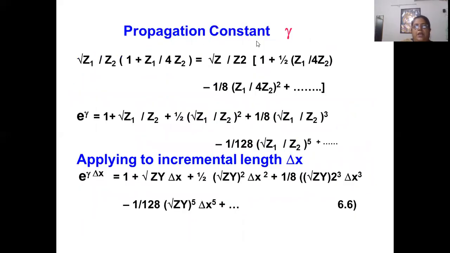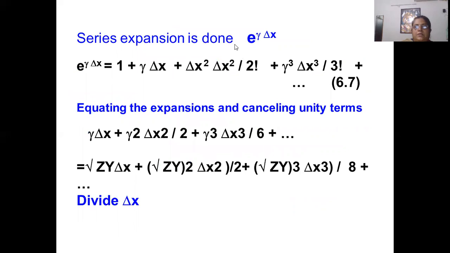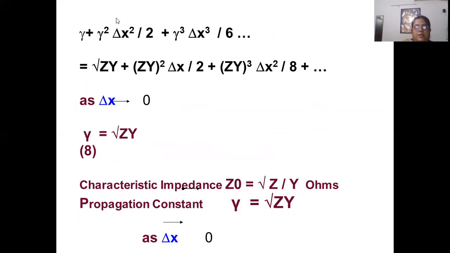Here we have calculated the gamma and applied it for the incremental length. Series expansion is done with the help of e to the power of gamma del x, equating the expansions and cancelling unit terms, and then dividing by del x. We have got this equation.